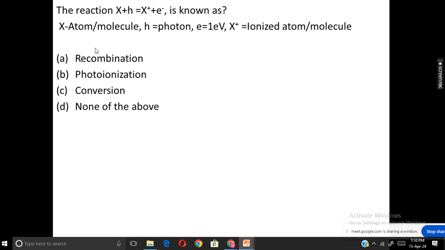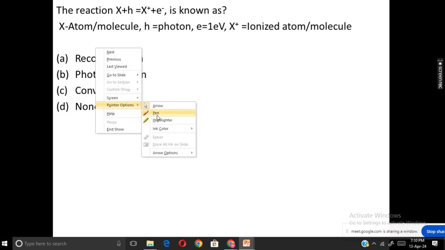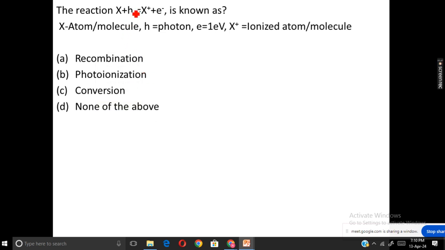Next question is the reaction X plus h nu equals X plus e minus, known as what, where X is an atom or molecule.